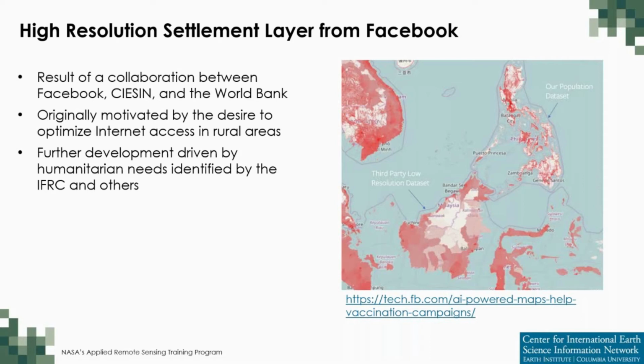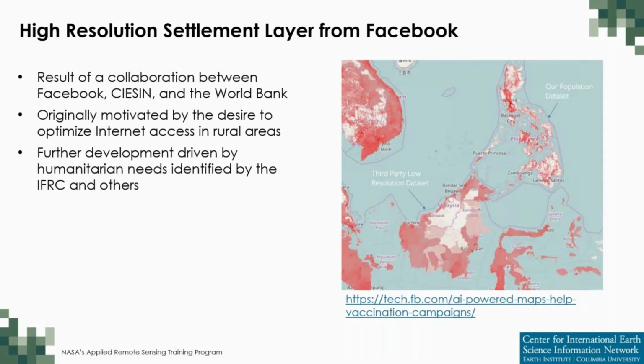So they saw the potential for processing very high volumes of imagery to do a better mapping in those rural areas. But then as they went along, they also realized how useful those kinds of data could be for applications like vaccination campaigns and other kinds of humanitarian assistance.